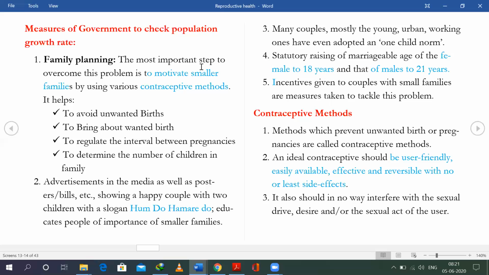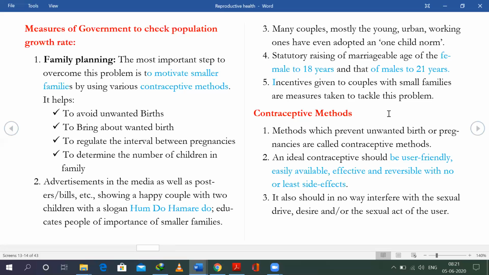You can see that here the government is creating awareness about contraceptive methods, and as well as advertising the importance of smaller families in the form of giving slogans, the hum do hamara do slogan. And as well as it is raising the legal age for the females to 18 years, and the males to 21 years.